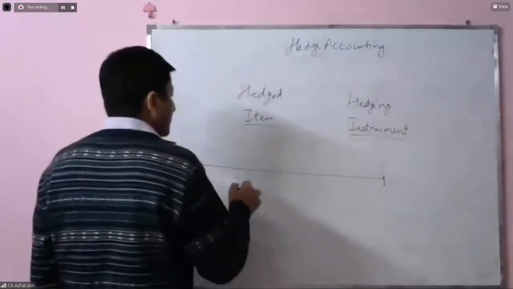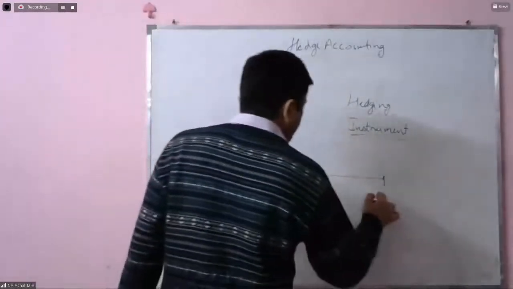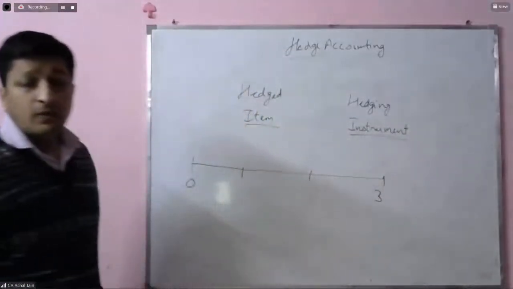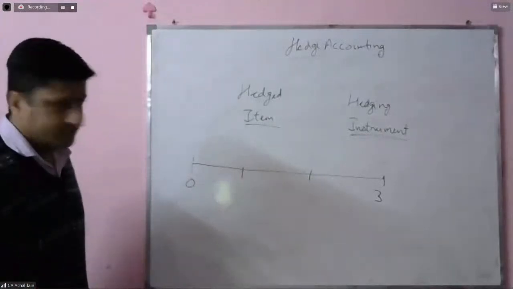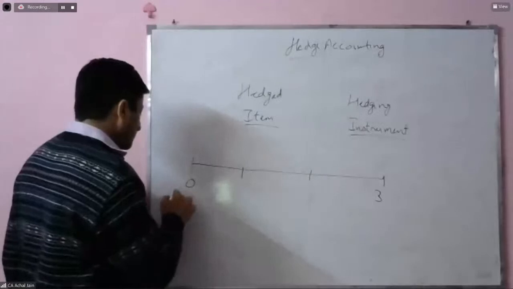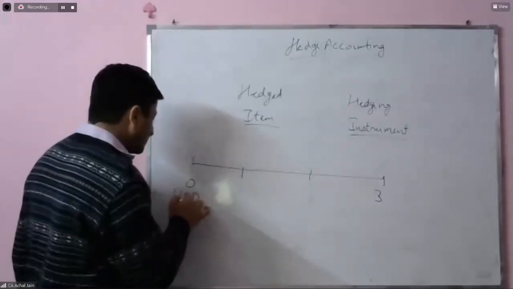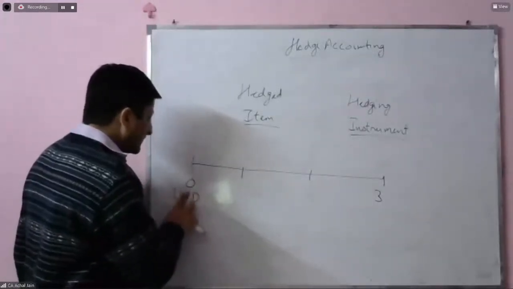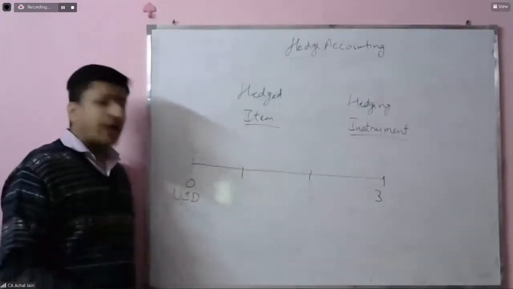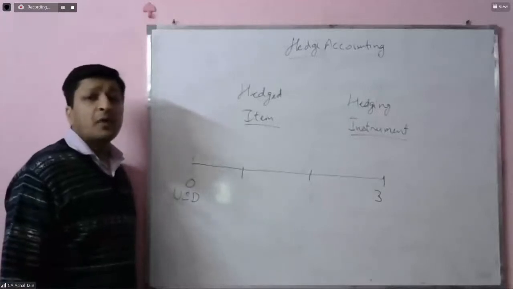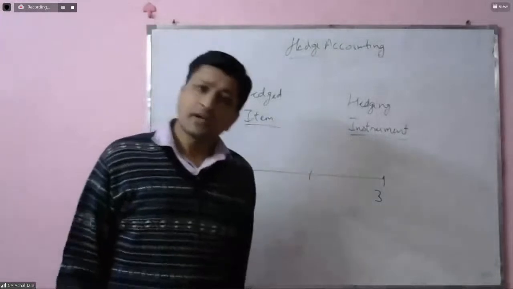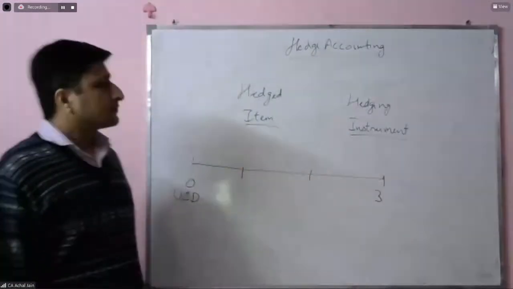And today, we don't know what will be the forex rate. We may know the forex rate today. Say if the purchases are in USD, we may know what is the equivalent amount of USD in terms of INR. But what is the equivalent amount of USD after 3 months is not known to us. Correct?